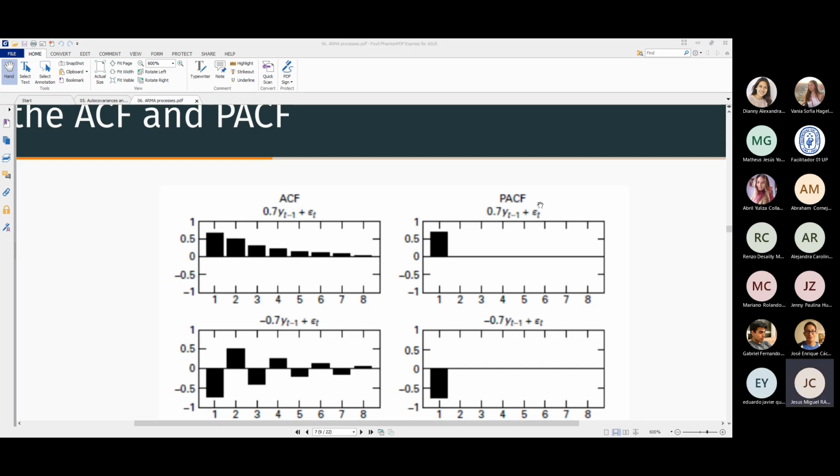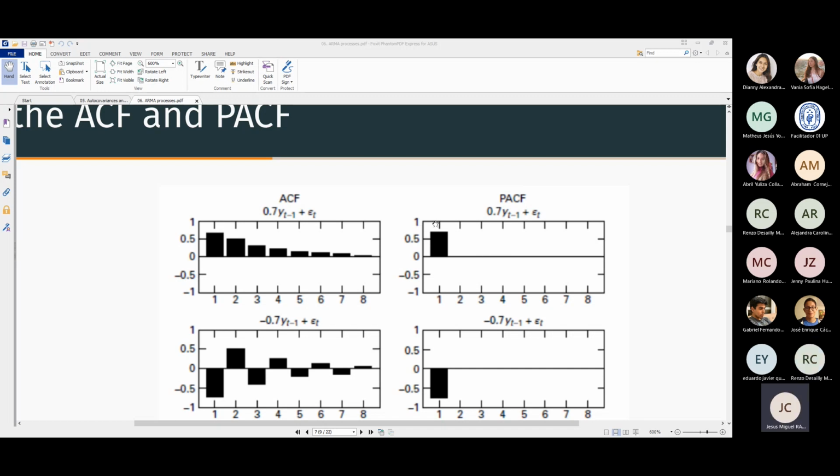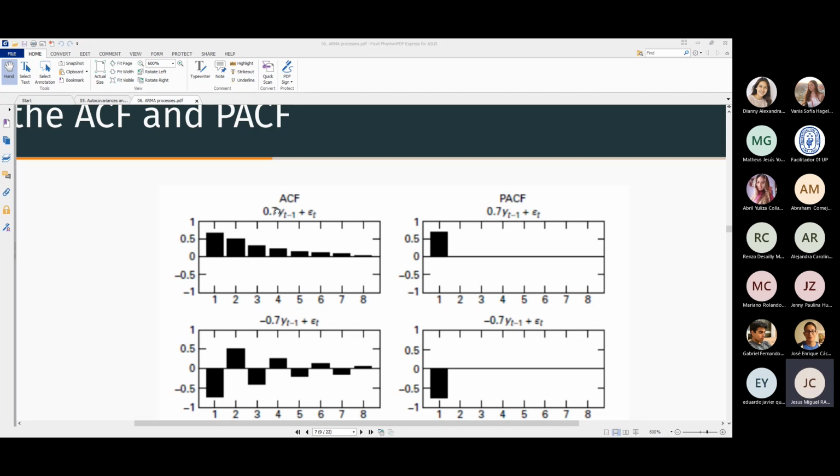Whereas the PACF will show just a jump in the first order, then zeros. Those are the theoretical values of the ACF and PACF of a stationary AR1 with positive coefficient. Okay.